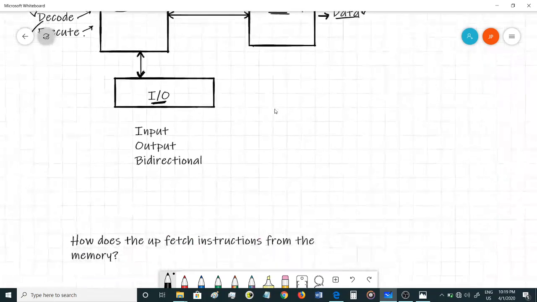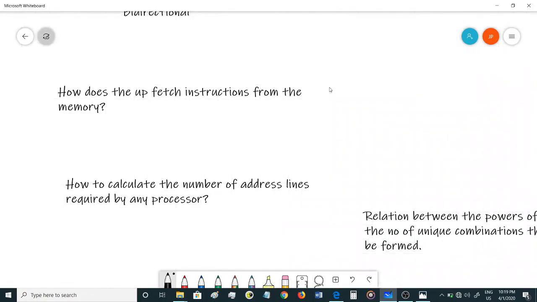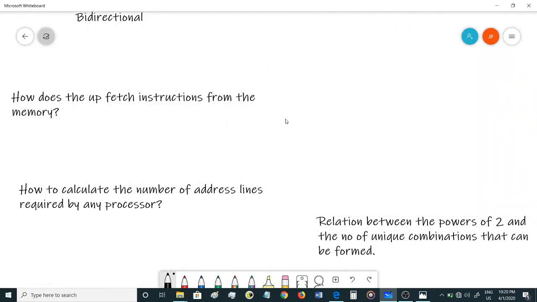Now let's move on to the next topic. How does the MUPI fetch instructions from the memory? Now, the memory could be really huge. So each set of instructions could be at various different locations.